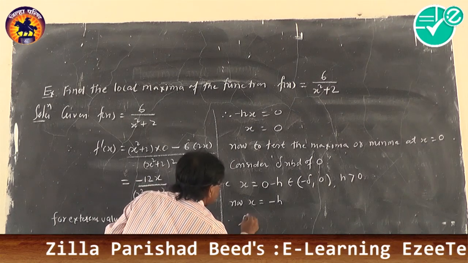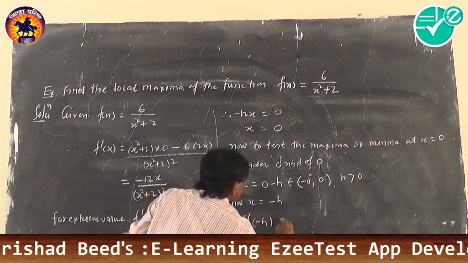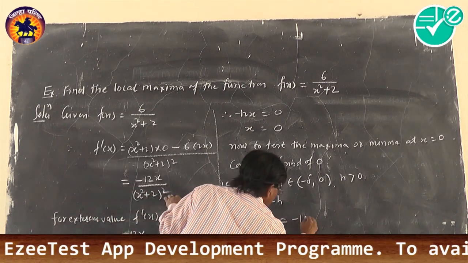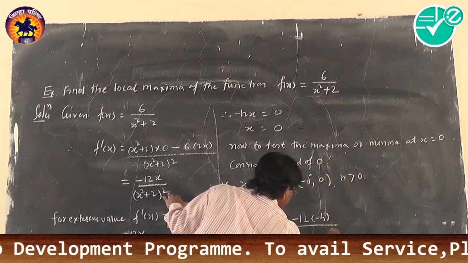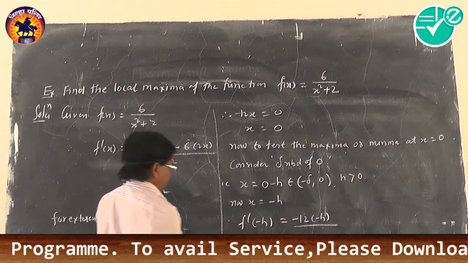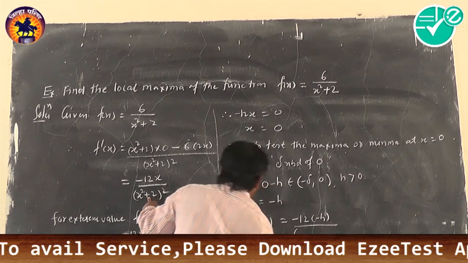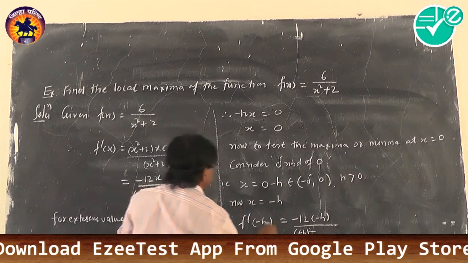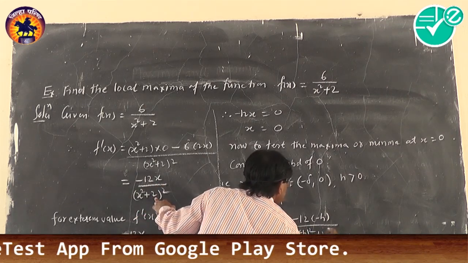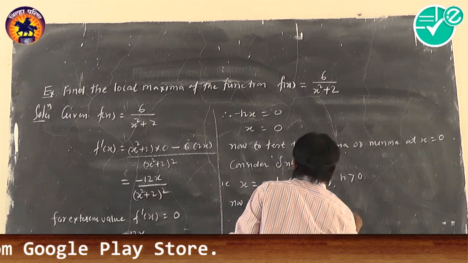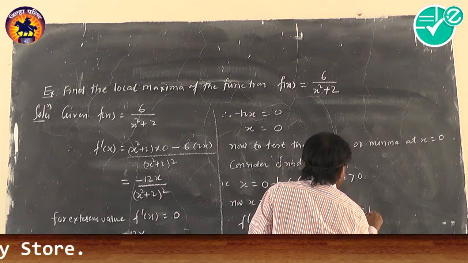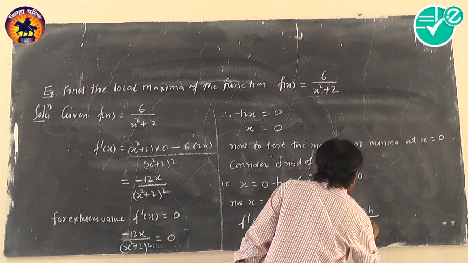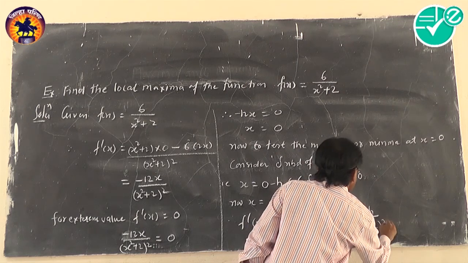Therefore f dash of minus h is equal to minus 12 into minus h divided by minus h square plus 2 whole square, and that is equal to plus 12h upon h square plus 2 whole square.